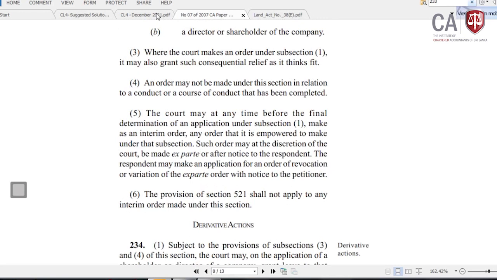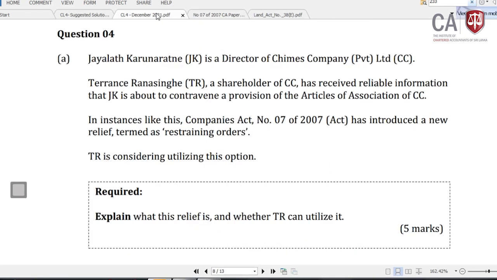So anyway, in your answer, these are the important aspects that you have to mention. One is what this relief is. It is obtaining a restraining order, which is an injunctive relief. That is in the nature of an injunction, to prevent someone from doing something, but it comes as a final order, final relief.